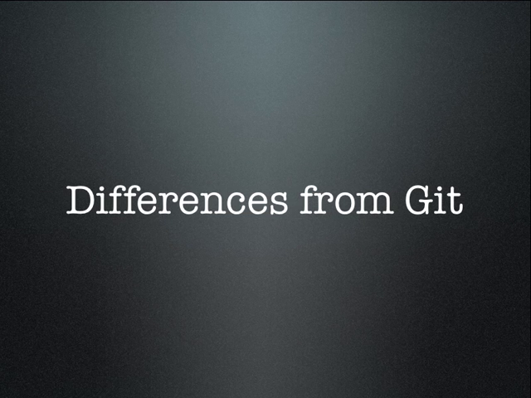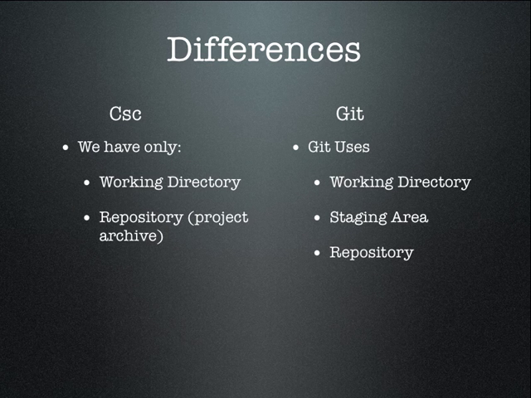However, there are some differences between our kind of simplified CSC system and what Git really does. For example, in CSC, we only have working directories where we have our source code and the repository where we store the snapshots. Git actually uses three areas. It has the working directory and the repository, but it also has a staging area that sits between them.